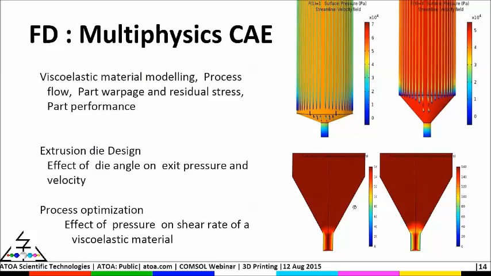The contour plot shows the effect of pressure on shear rate, a pressure-induced shear flow. You can look at the die exit contour plots. The effect of pressure on shear rate of the viscoelastic material is noticeable at the exit. So it's a pressure-induced flow that these slides highlight.